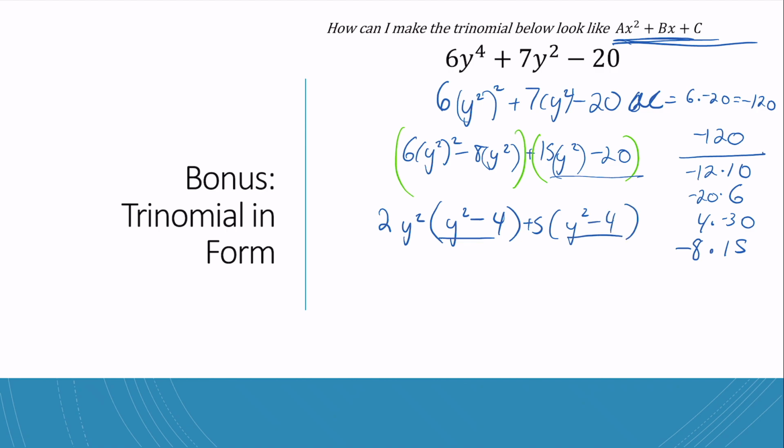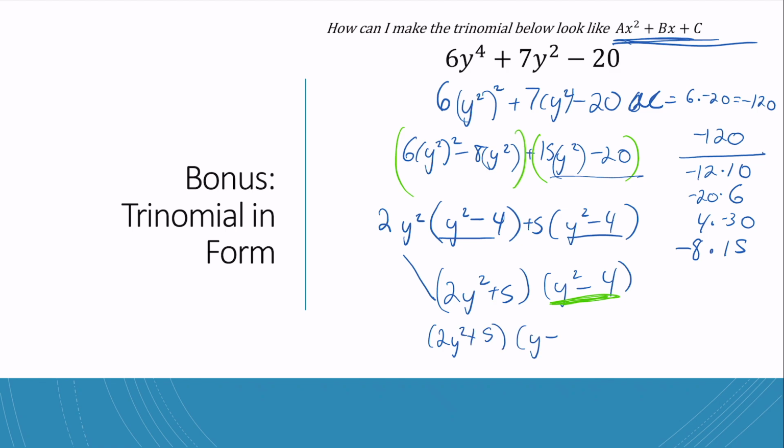These look the same, so I did it right. I've got 2y squared plus 5 times y squared minus 4. I notice that y squared minus 4 is a difference of perfect squares, so I can rewrite that as 2y squared plus 5 times y minus 2 times y plus 2. And then this is going to be fully factored.